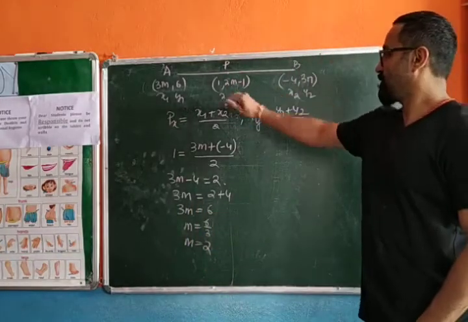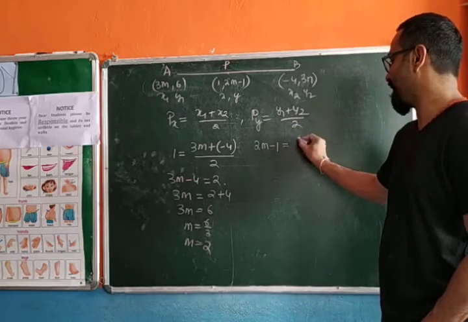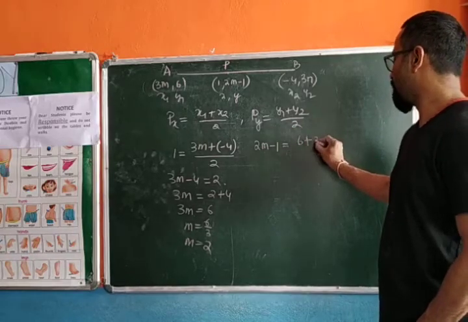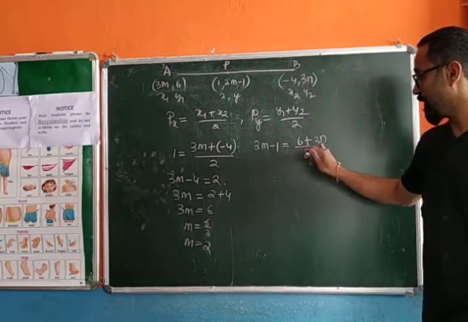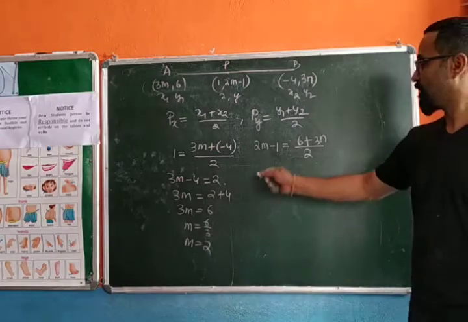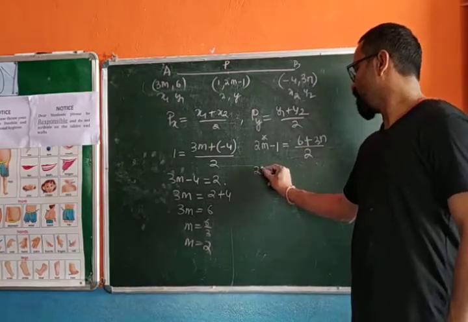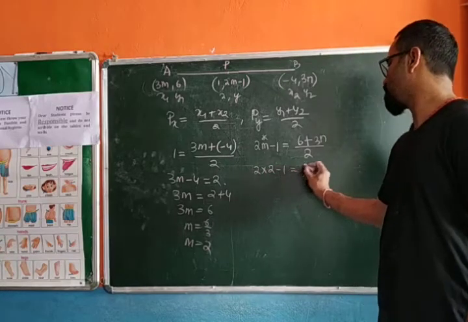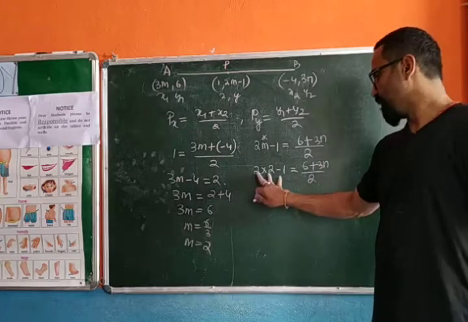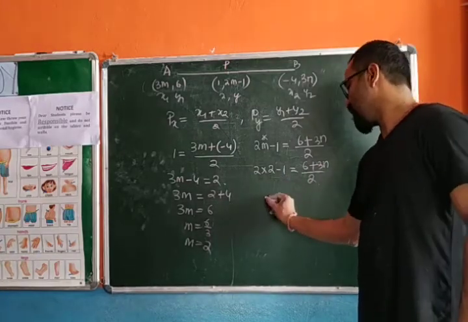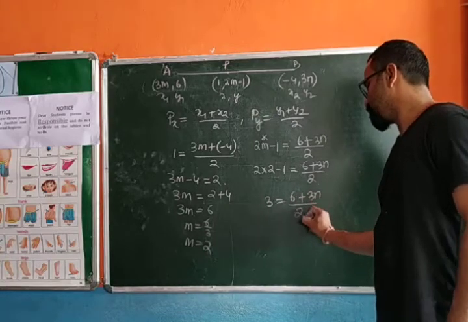Py, it is 2n minus 1 equals y1, 6, y2 is 3n divides by 2. You have two unknown variables, you can't calculate, so we substitute m from the first calculation. 2 into 2 minus 1 equals 6 plus 3n divides by 2. 2 multiplies 2 is 4, 4 minus 1 is 3 equals 6 plus 3n divides by 2.